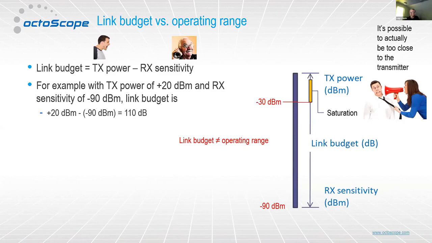You can imagine this with the same kind of model I was talking about before. If you think about this in terms of sound, you can understand how it's possible to be too close to the transmitter. If that transmitter is really loud, you will be overwhelmed by that sound. And that's exactly the same thing that happens to a radio receiver. Radio receivers are not built to receive signals that are too strong.